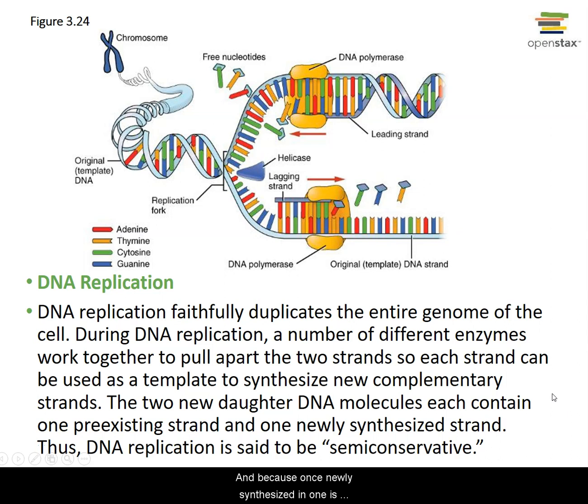And because one's newly synthesized and one is pre-existing strand, we call that semi-conservative. So what semi-conservative means is half is from the old and half is a new part. The helicase here is the enzyme that helps to unzip the DNA molecule.